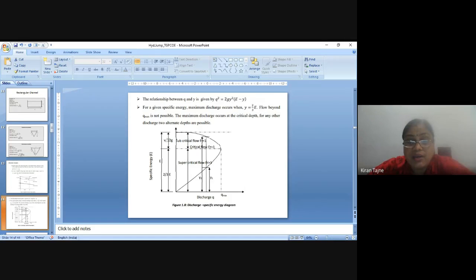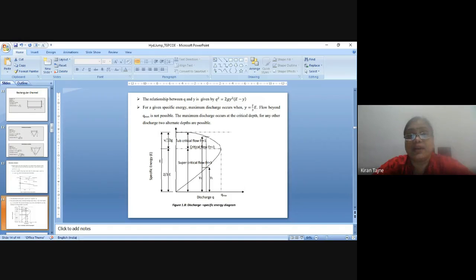When the flow depth is less than the critical depth, it is known as supercritical flow, and Froude's number is greater than 1. For subcritical flow, Froude's number is less than 1.